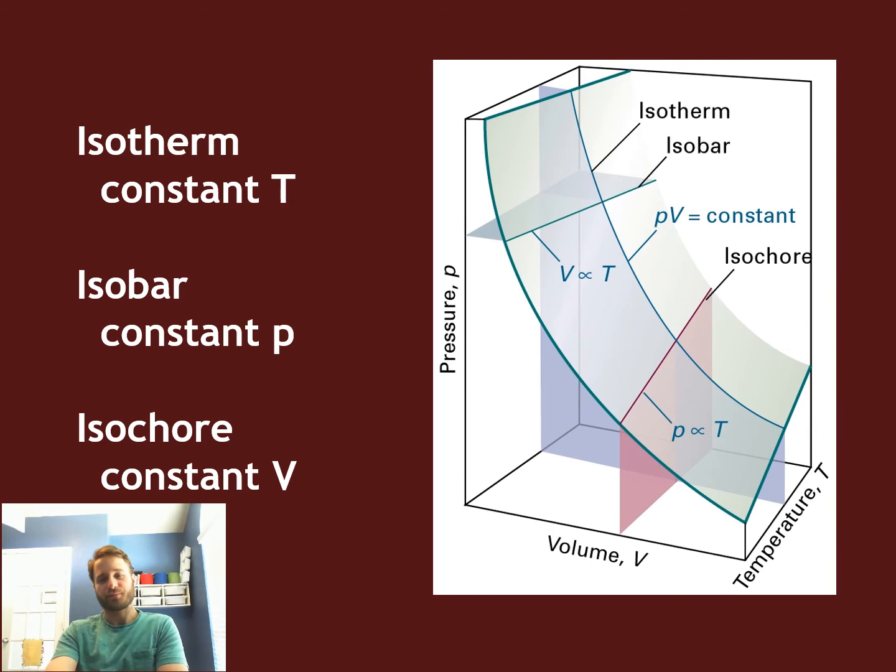Now, we can split this surface into different lines. If we look at constant temperature cases, this is considered isothermal, and you can look at what happens under constant temperature and what those look like. That constant temperature line is given here.